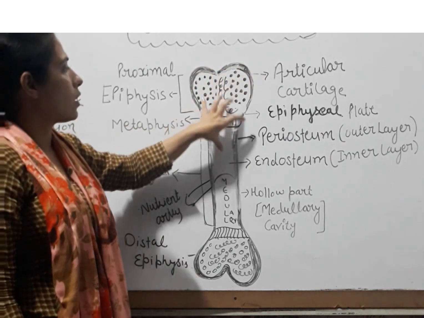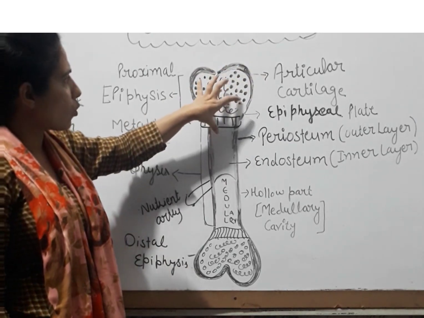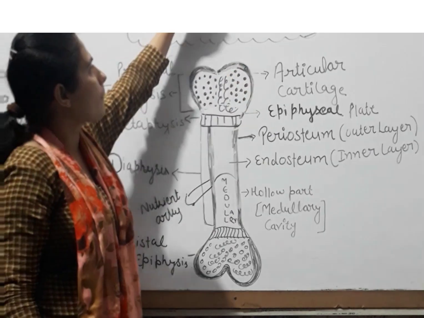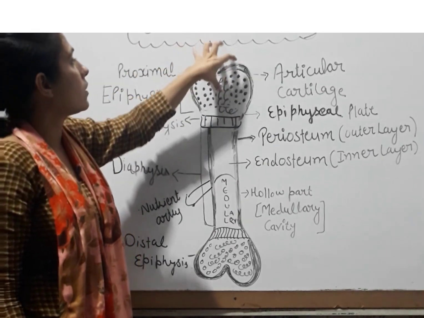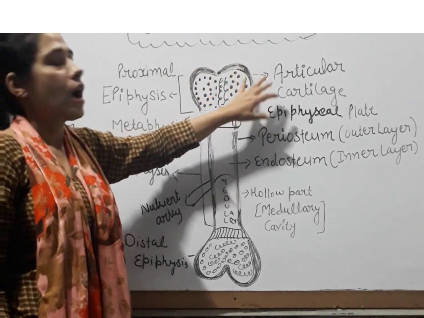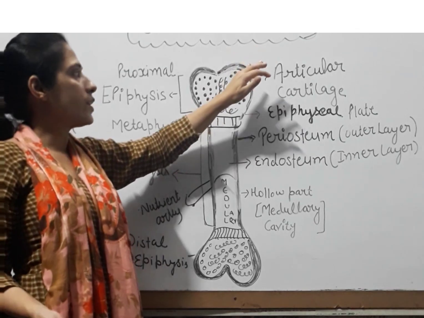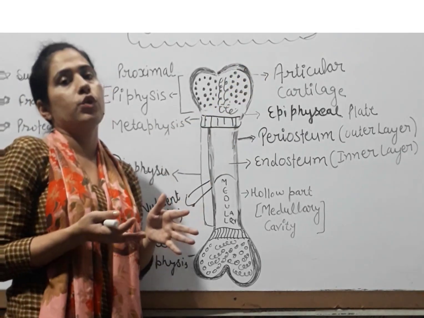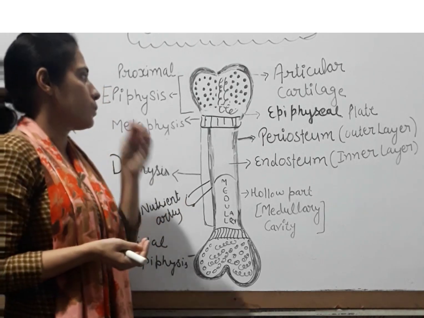Here is the tibia or fibula, and on the upper side there is a femur. Both bones are attached with the help of articular cartilage. There are also some types of joints, but articular cartilage also helps in articulation. Articulation means the point of attachment.